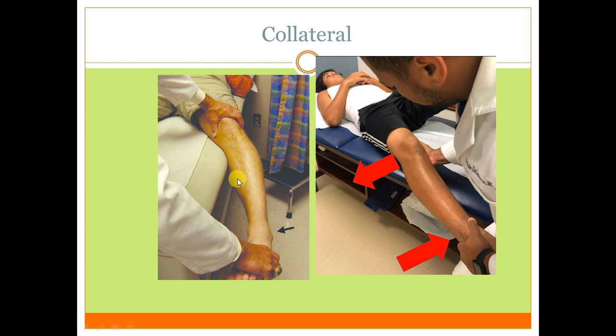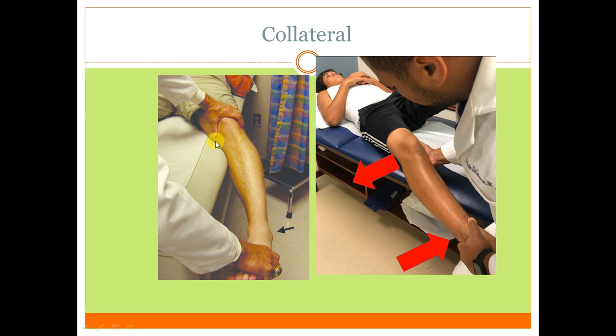As usual in all your body, if you examine in 30 degrees, you isolate what you examine. So if you do the varus test in 30 degrees, you are stressing the lateral collateral ligament. If you do it in extension, you make the posterior capsule share in resisting the varus test.